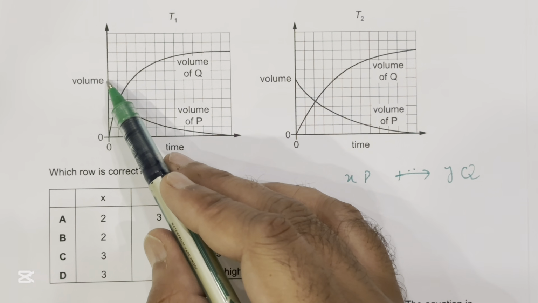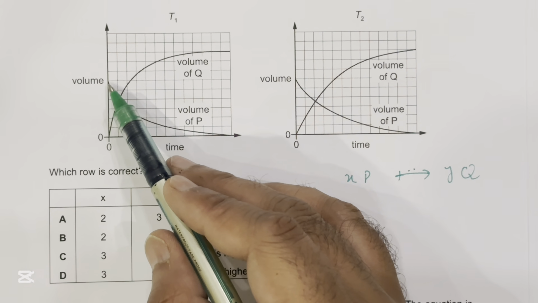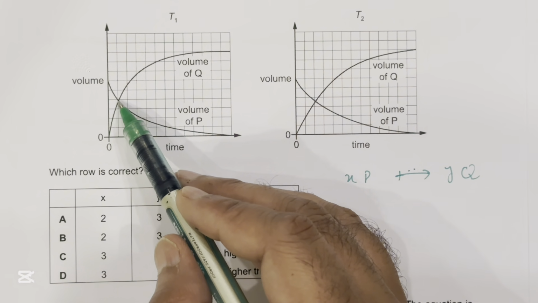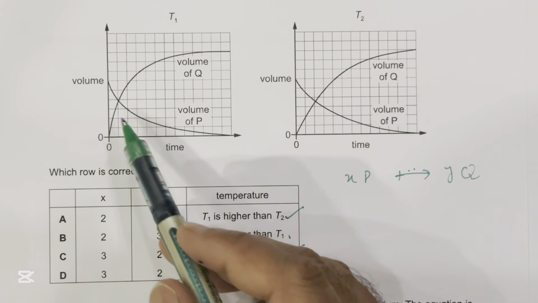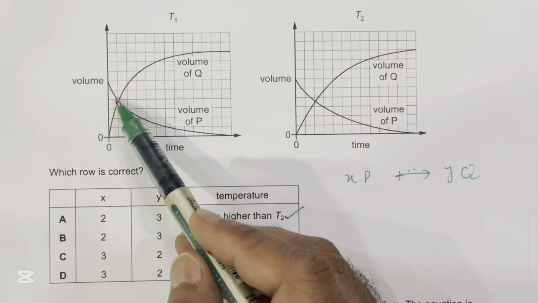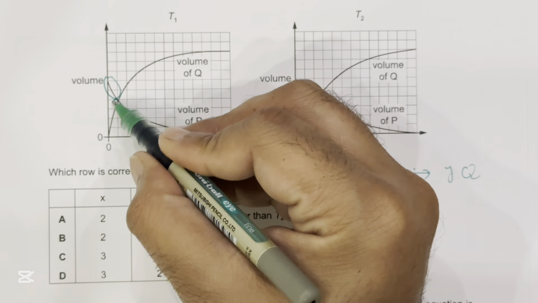Initially the reactant was P and its volume decreased, and the rate of reaction quickly changed the volume of Q. So it means the value of Q is more. From the graph we can say the volume of P is smaller. This portion of P is smaller and this portion of Q is bigger.